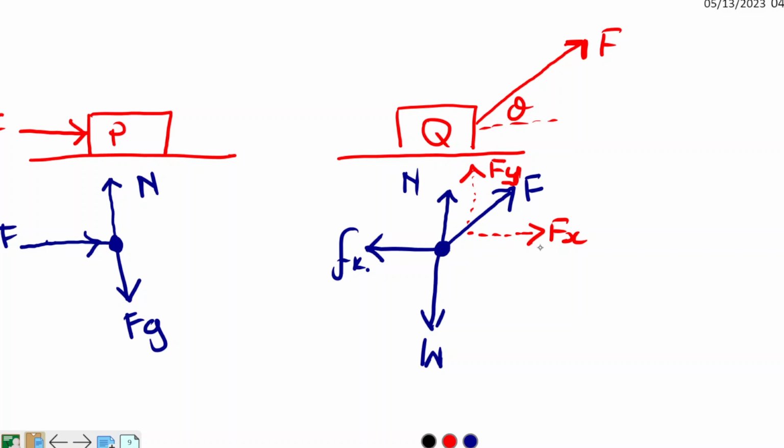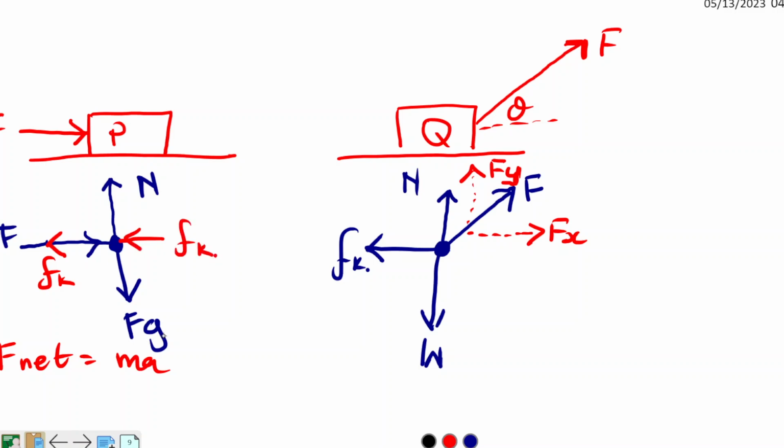So for the acceleration on block P, the sum on this one would be F net equals to MA. Then the friction on this one is in opposite direction to the applied force.